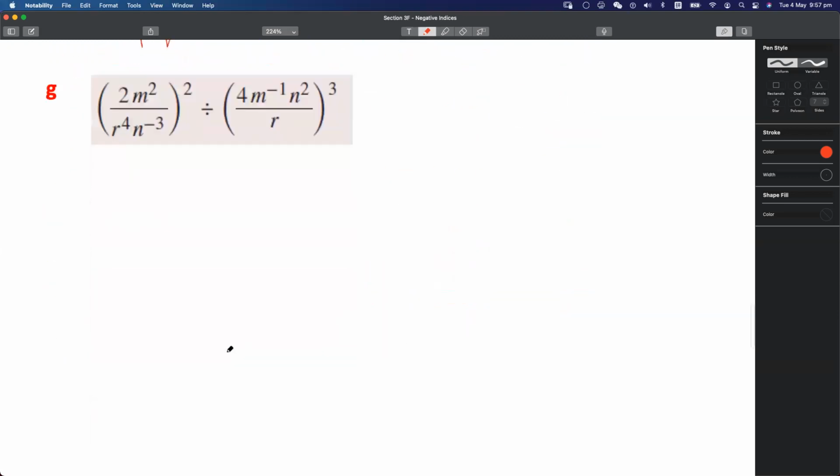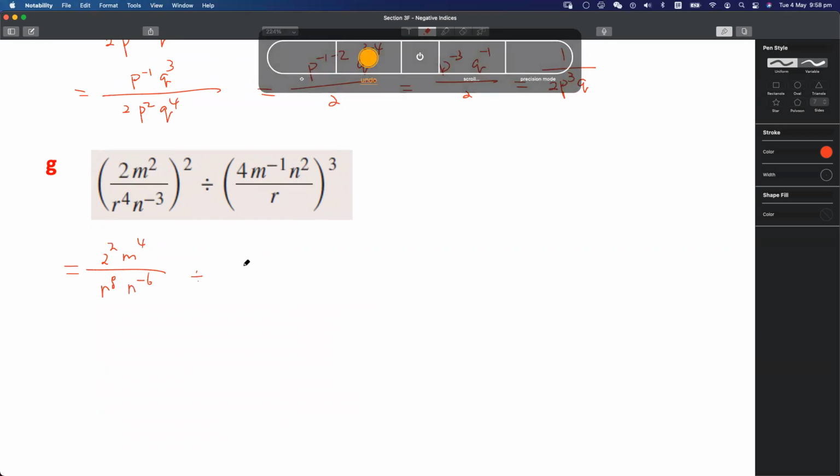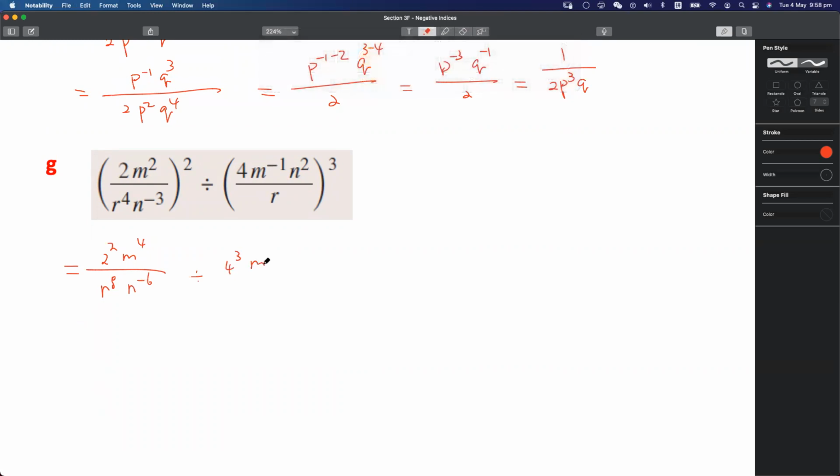All right, last example I'm going to talk about. Again, we're going to distribute the powers across the bases. So 2 squared, m to the power 4 over r to the power of 8, n to the power of -6, divided by 4 to the power of 3, m to the power of -3, n to the power of 6 over r cubed.